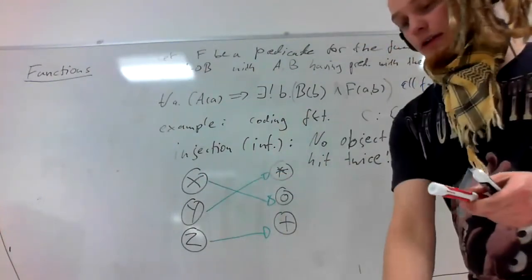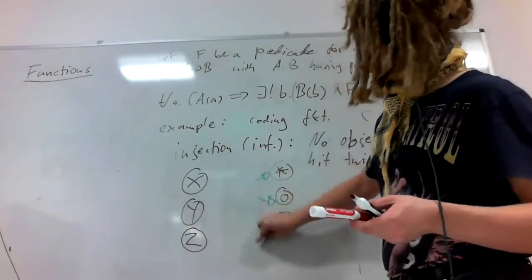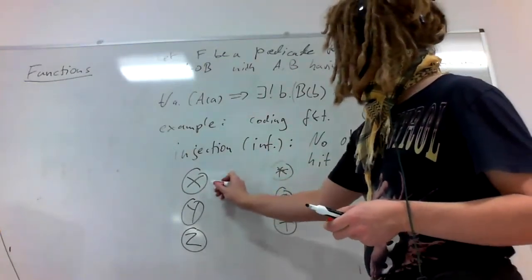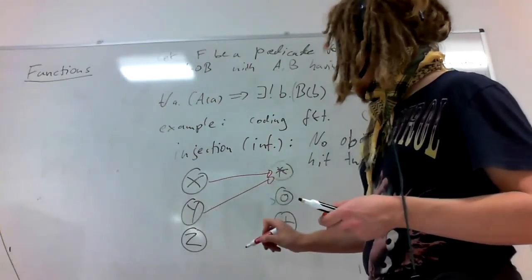What would be really inconvenient is if we would do it like this. So, for example, the X maps to the star, the Y maps to the star.